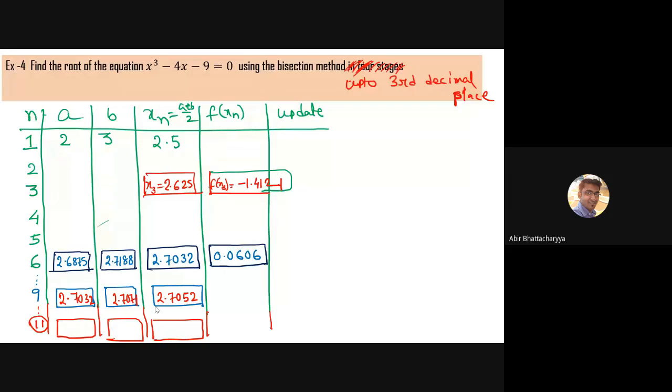Okay, the 11th one, nearly all of you have done. At the 11th iteration, a equals 2.7061 or 62, and b equals 2.707 or 71, and xn equals 2.7065 or 67, whatever. It's okay. So we stop here at the 11th iteration, and your answer will be 2.707, which is going to be the root.